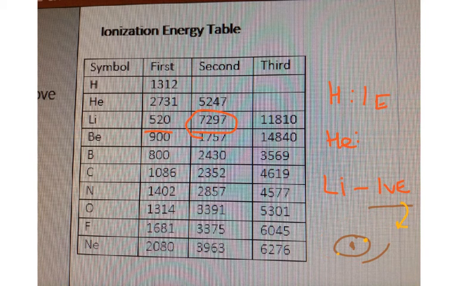Why? Because as soon as it loses that 1, it now has a full octet, or in this case, a duet. Why does it take so much more energy to lose its second one? Well, because once lithium loses that 1, it is full and perfectly happy, so you have to put a lot of energy in to make it lose that second electron. If it loses that second electron, it is not a full duet or octet anymore, and it's no longer happy.